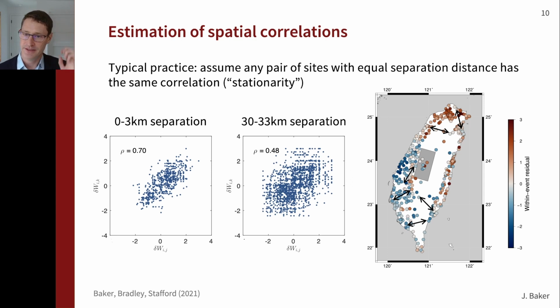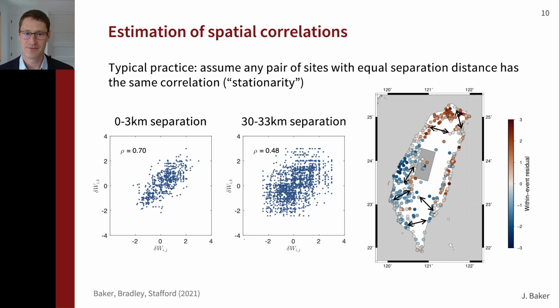So if we take all the pairs of stations with a 0 to 3 kilometer separation, and we take a little bit of an interval on those separation distances just so we get enough station pairs, that's plotted here on this left panel. The x-axis is the residual for one station, and the y-axis is the residual for the other station with that separation distance.